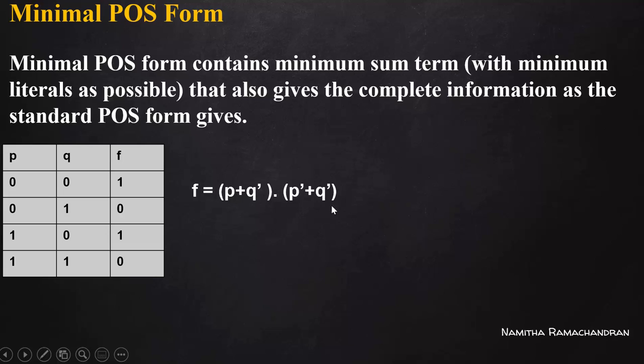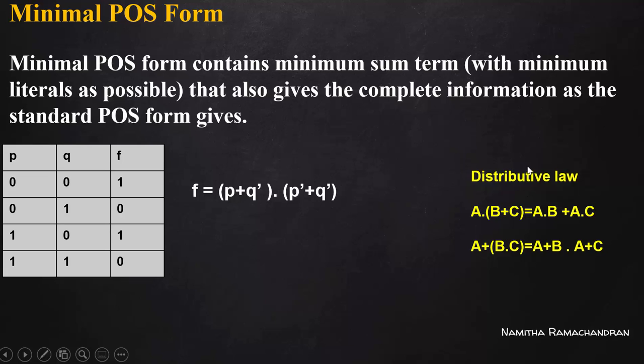Okay. Now we can try to minimize this. For the minimization, just analyze the two max terms present here in this function, in which Q complement is common. Q complement is present in this max term and Q complement is again present in this max term. Okay, so now this particular distributive law, what is it?